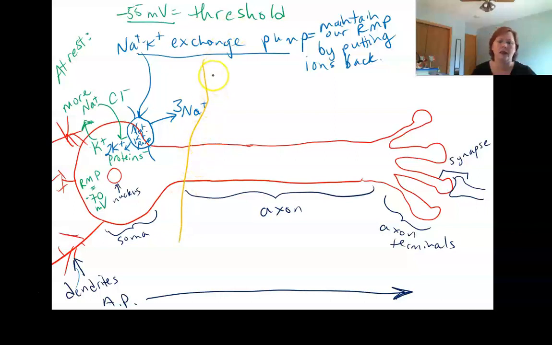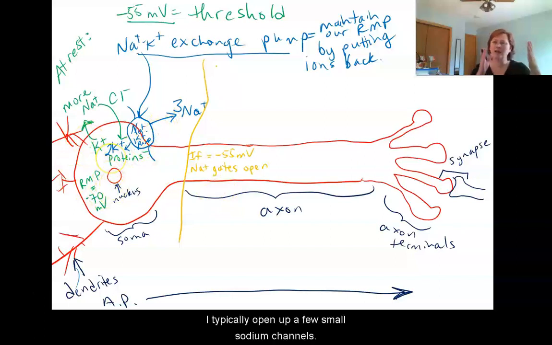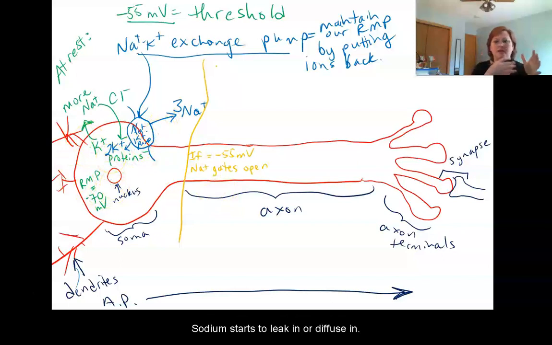So if the inside reaches -55 millivolts, then sodium gates are going to open. So if I stimulate my cell, I typically open up a few small sodium channels, and some sodium starts to leak in or diffuse in.